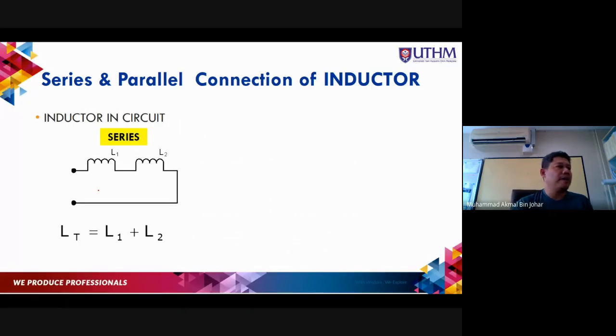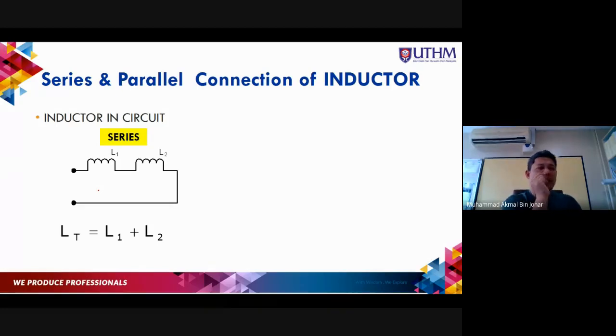Now we can see how inductors can be calculated when you have many inductors connected. Similar to resistors, inductors in series can be easily calculated. The total inductance LT is equal to L1 plus L2.